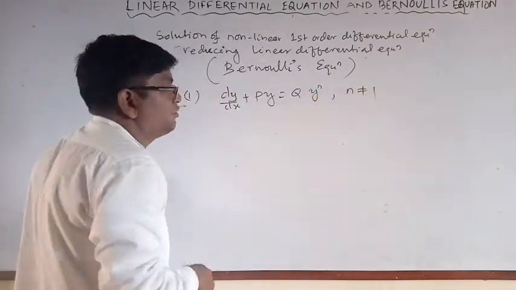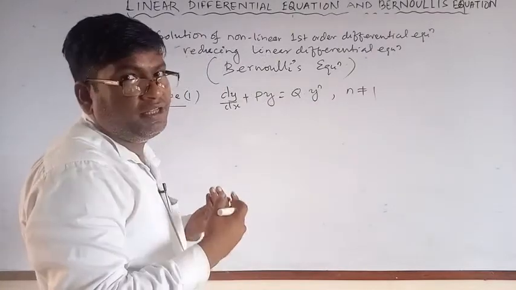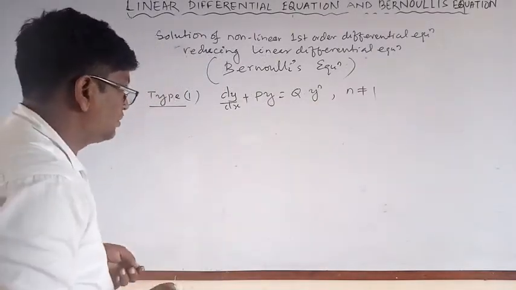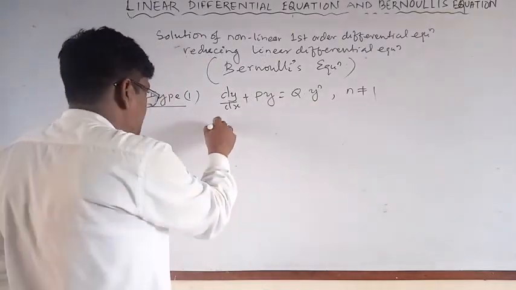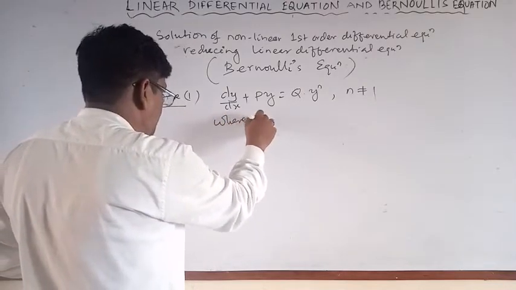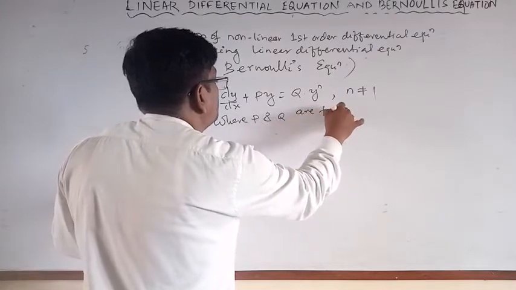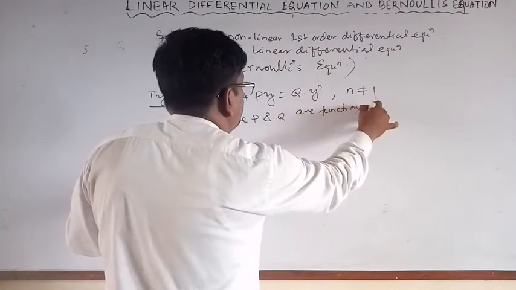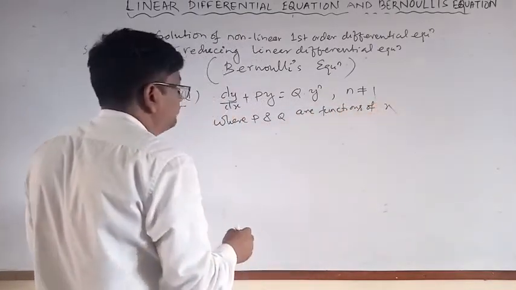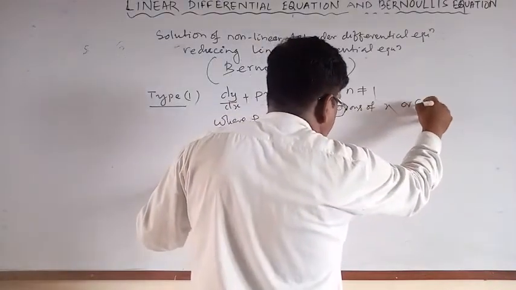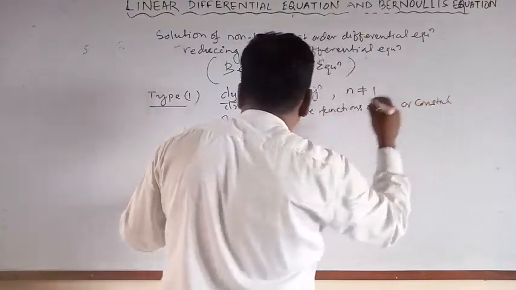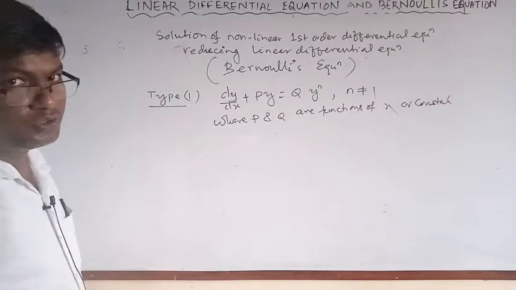If n is equal to 1, then we can solve by variable separation method. Where p and q are functions of x or constants. Procedure to solve.